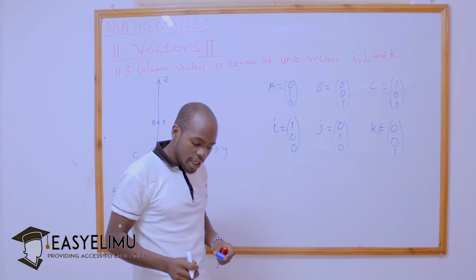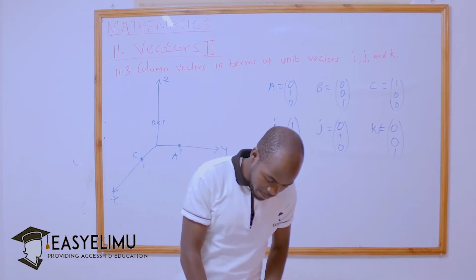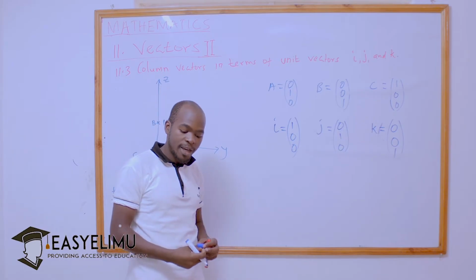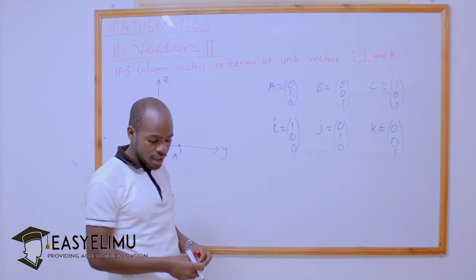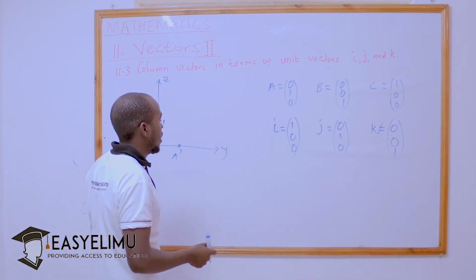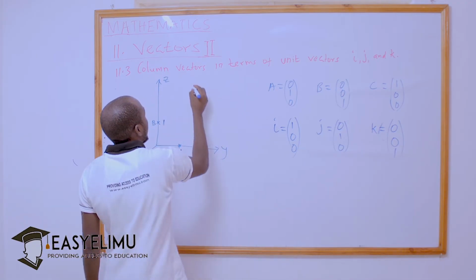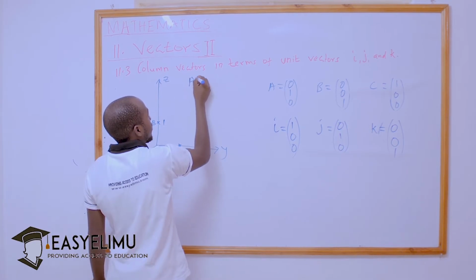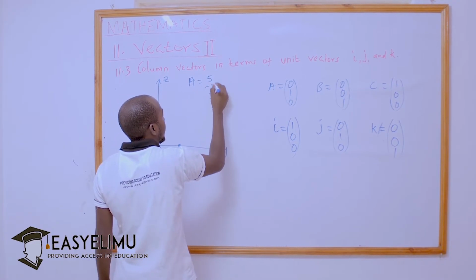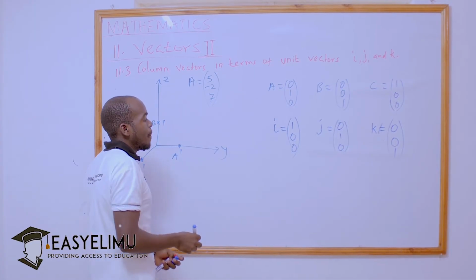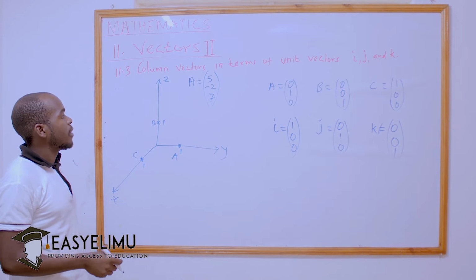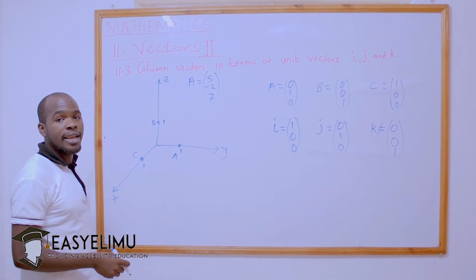We shall look at an example which can help us. For example, you are told to express the vector 5, negative 2, 7 in terms of unit vectors i, j, and k. Let's say A is 5, negative 2, 7. You are asked to represent it in terms of i, j, and k.